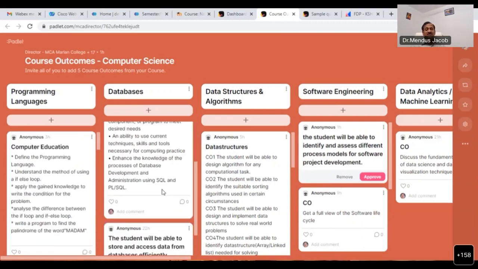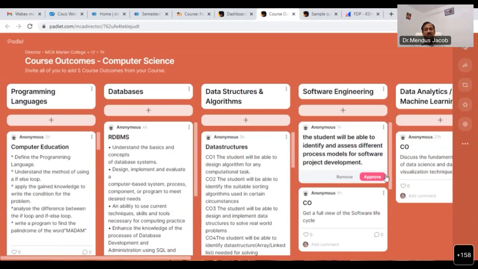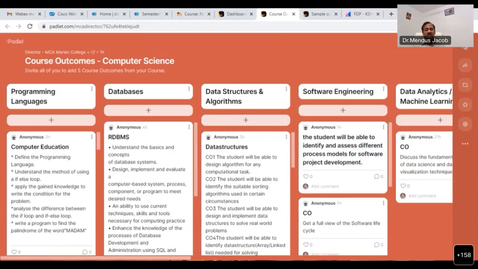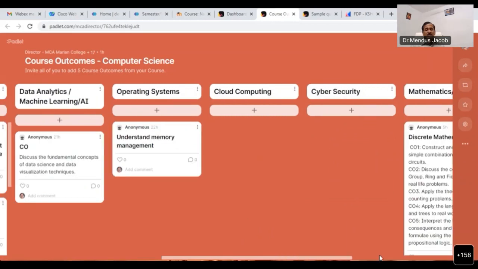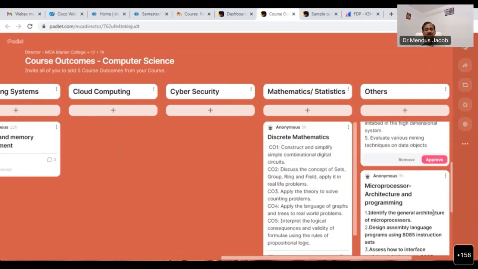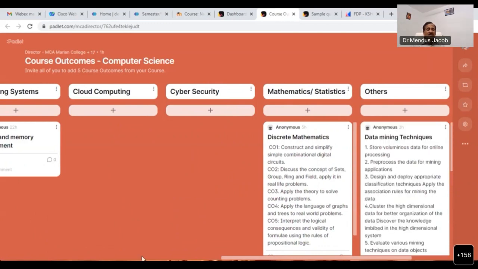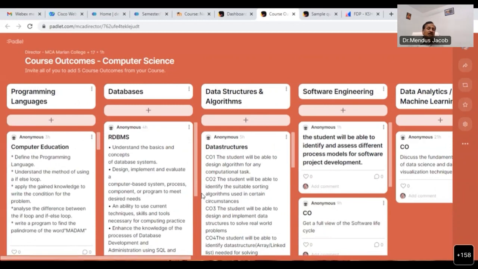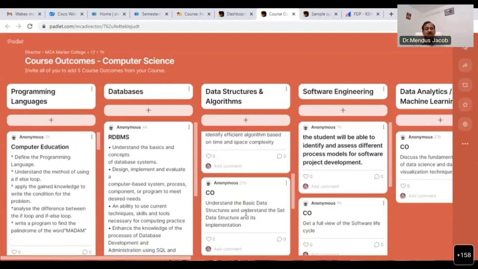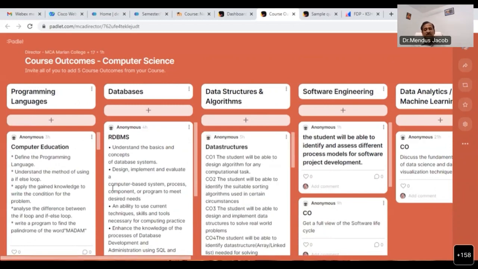The others can comment on it, like whether it is a good course outcome or not, so that collaborative learning will happen. That is what we are planning now. Other faculty members also can post some course outcomes here. I'll share this on my LinkedIn profile later, so that it will be public and anybody can go through it.